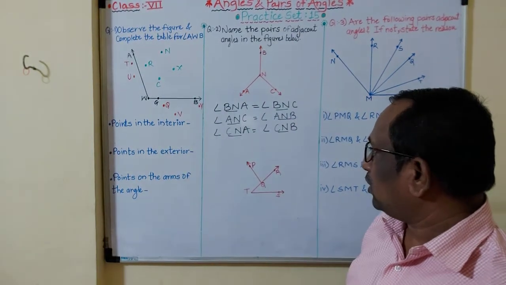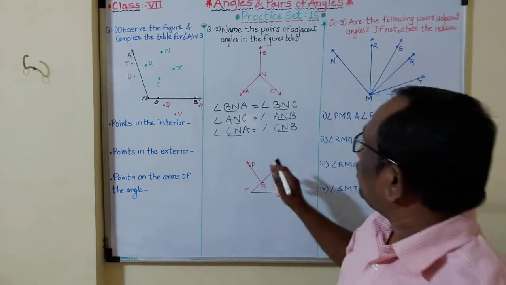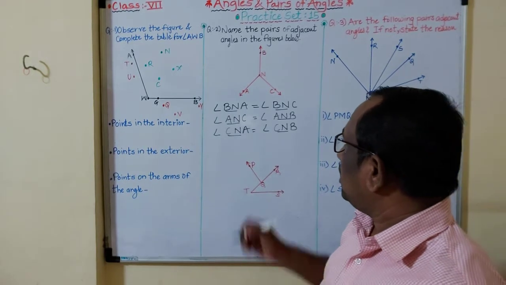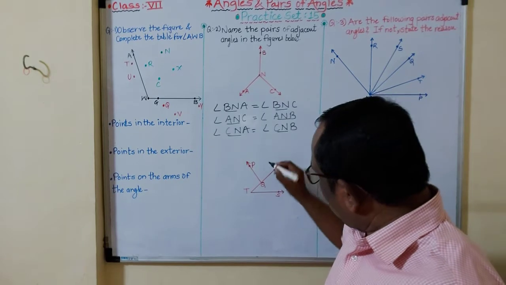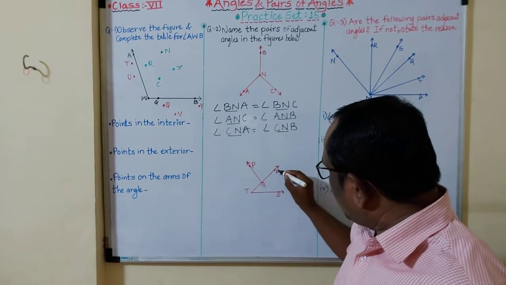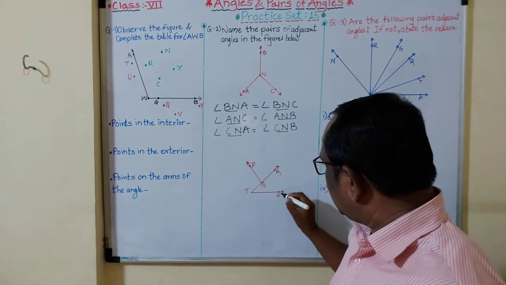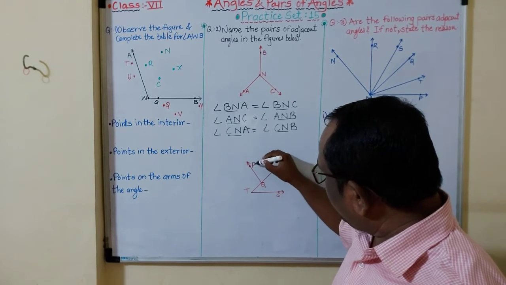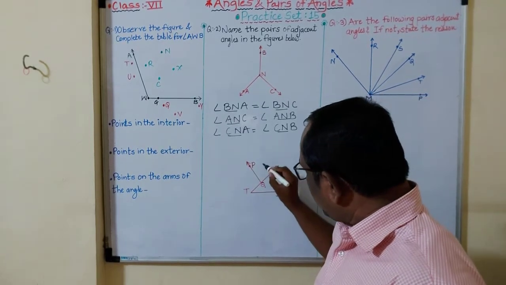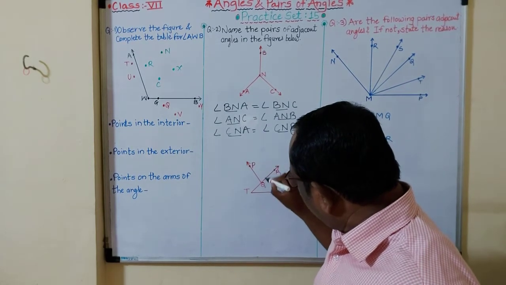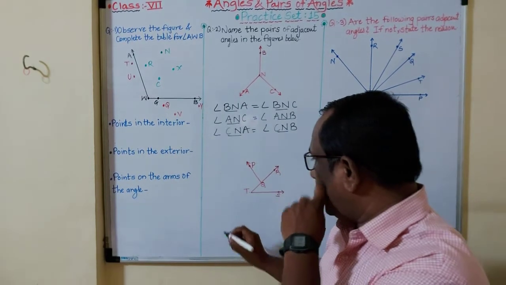Now the second figure, students. Here also we have to write the pair of adjacent angles. In the first one, these are three pairs. Here, if you see properly, one more ray is drawn.